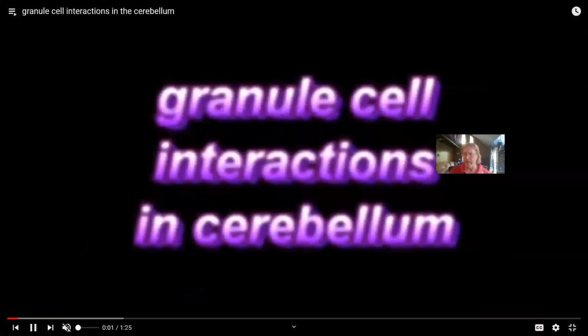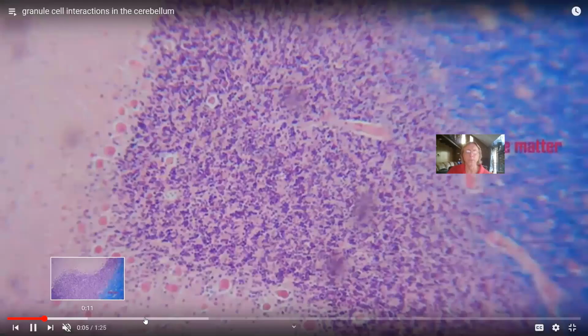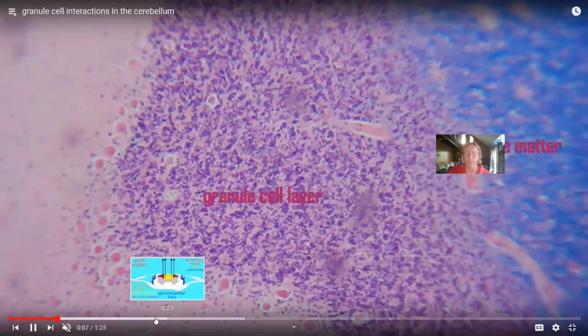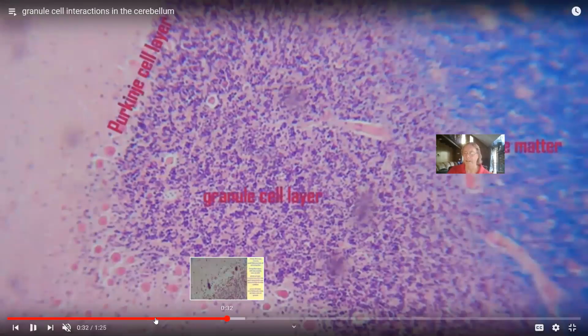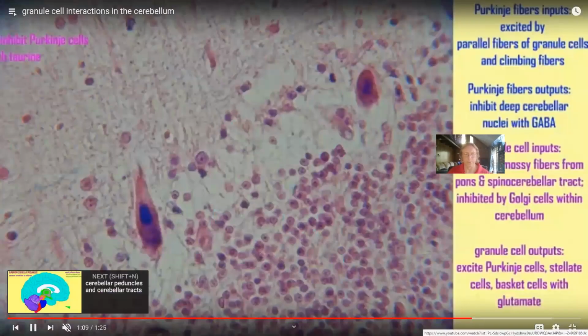One of the things that's striking under the microscope is how unique the cerebellum is, and how these various cell types interact with each other. And I have a bit more going through those cell types.